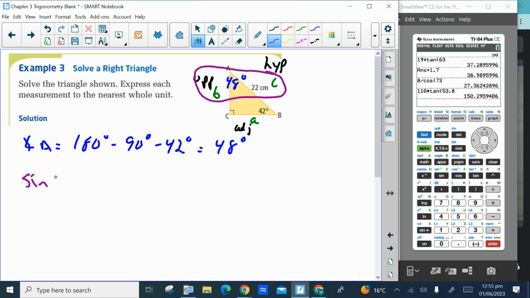The sine of angle B, which is 42 degrees, right? We use that angle to label our sides. The side across from that angle is my opposite. So that's the angle we're using. And the definition of sine is that it's opposite on top over hypotenuse on the bottom. Make both sides a fraction so we can cross multiply. 1 times b is 22 times the sine of 42 degrees.